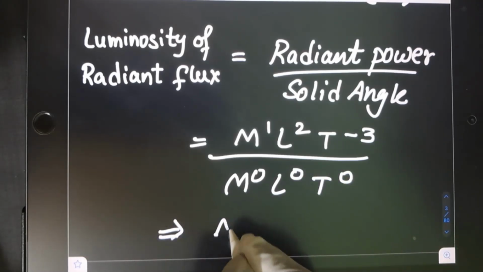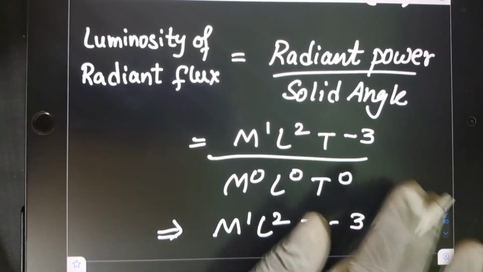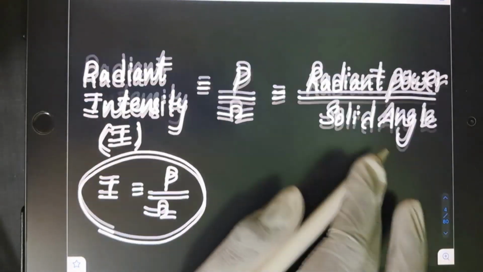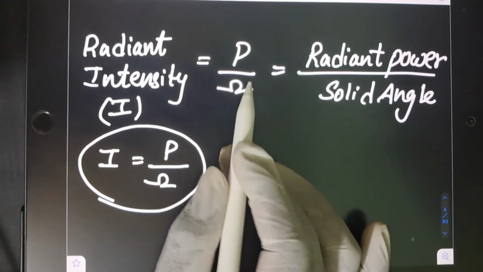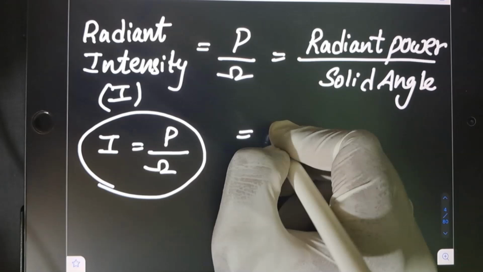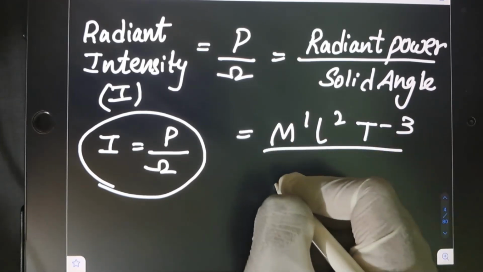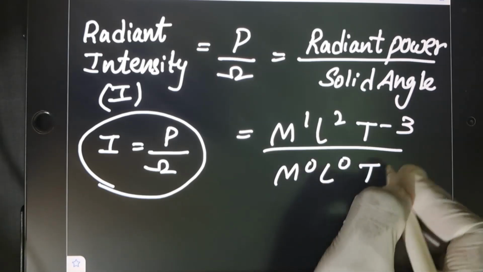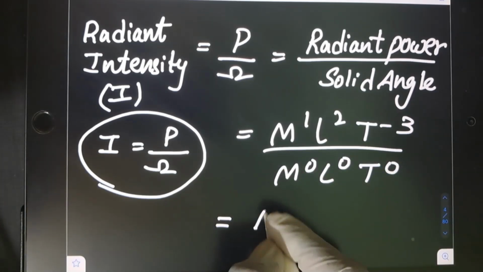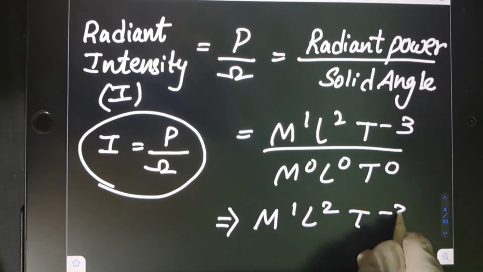So the luminosity of radiant flux dimensional formula is M^1 L^2 T^-3. And we can derive from radiant intensity. I is equal to P by ω, radiant power by solid angle. M^1 L^2 T^-3 by M^0 L^0 T^0. Answer is M^1 L^2 T^-3.